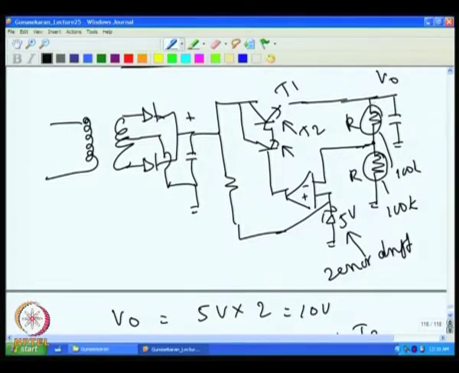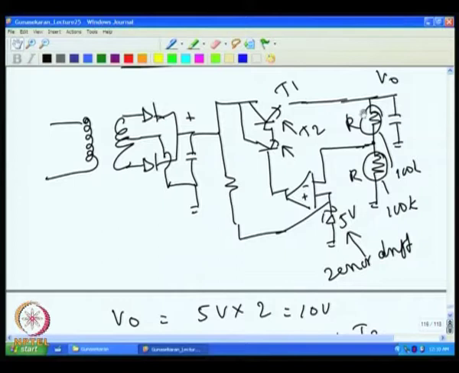Then similarly, the bias current will have an error, because there is no equivalent resistance in the plus side, because whatever bias current is flowing through this has to go through this. So, when the bias current drifts, the current flowing through this is changing, consequently the voltage across this is changing, and the output also will have an effect.